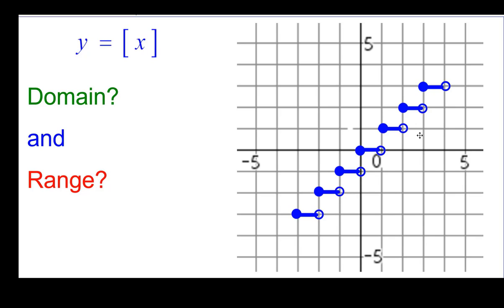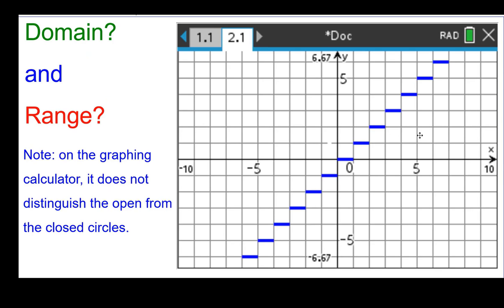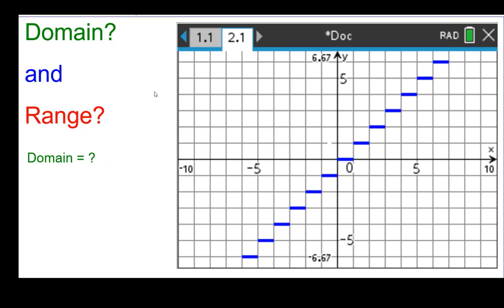So let's finally talk about domain and range for this. On the graphing calculator, notice it does not distinguish the open from the closed circles in the picture. It does when you trace, but not from the picture. So the domain is actually going to be all real numbers. Every real number has a y value above or below it.